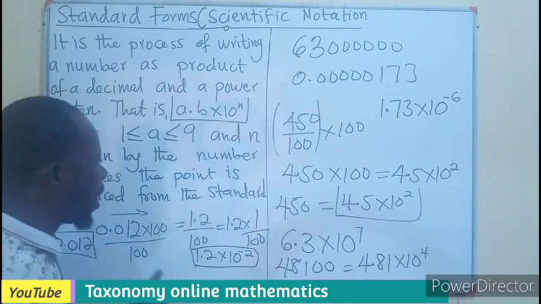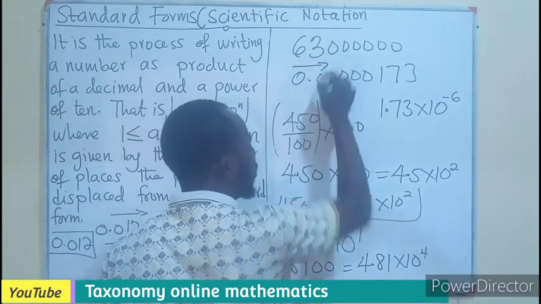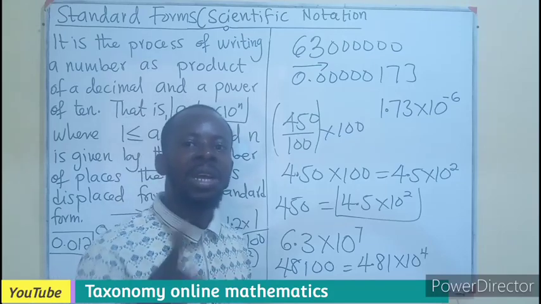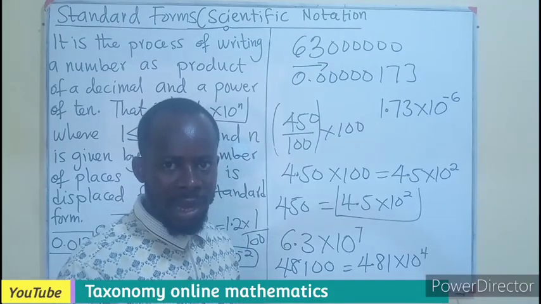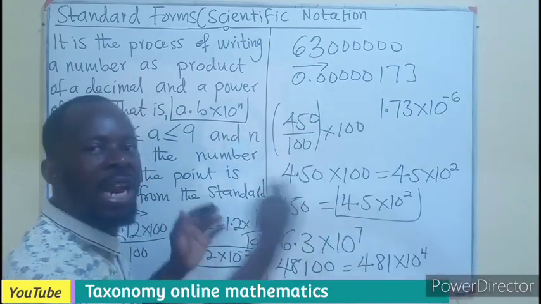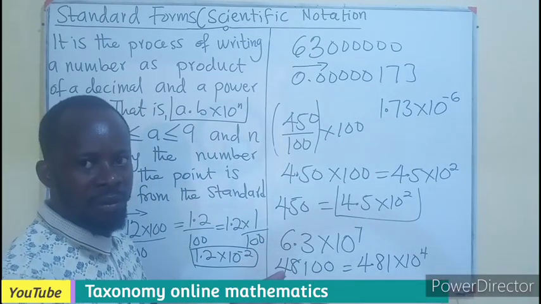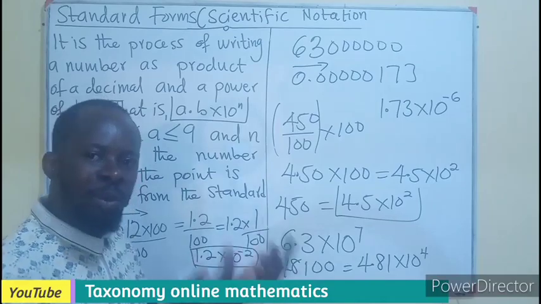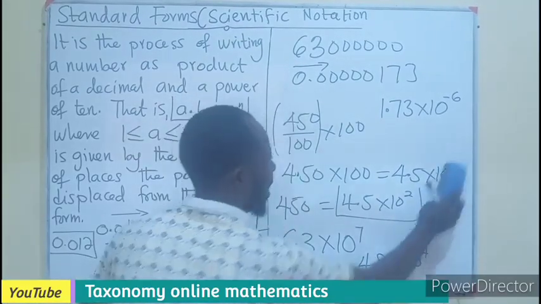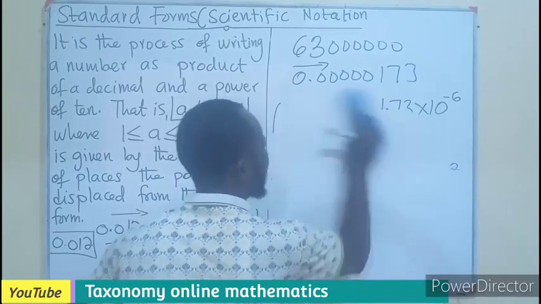The moment the point is moving from the left to the right side, your exponent of 10 is going to be negative. I believe you get the concept. If you are moving the point from the right to the left, exponent of positive. Left to the right, exponent of negative.